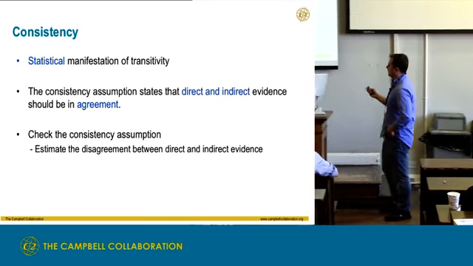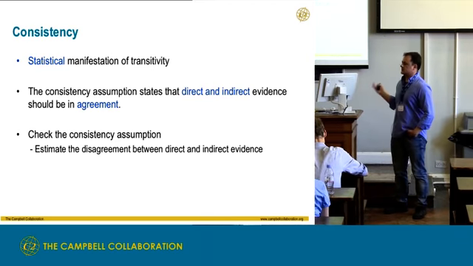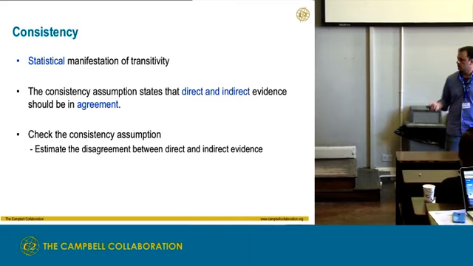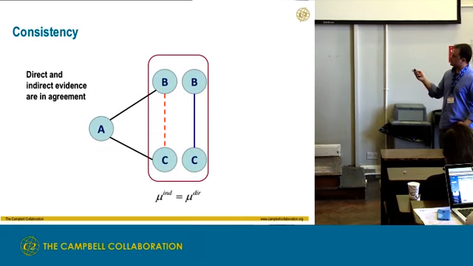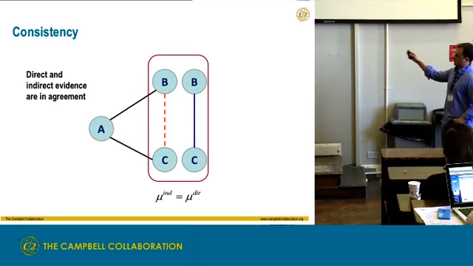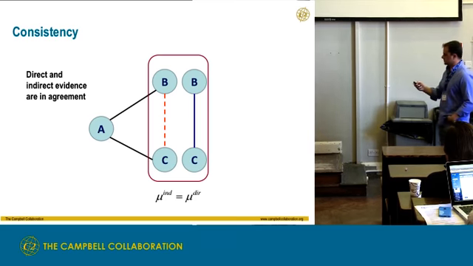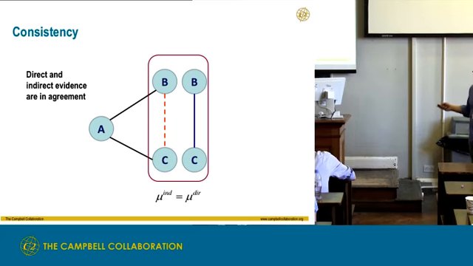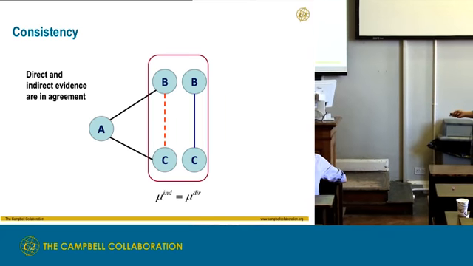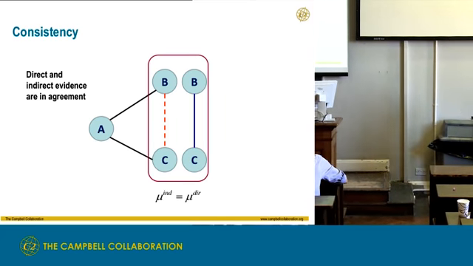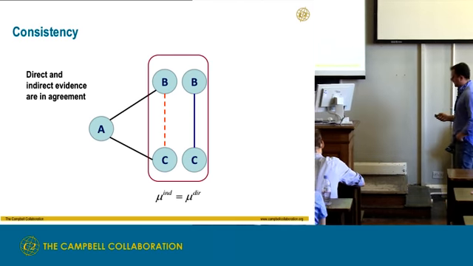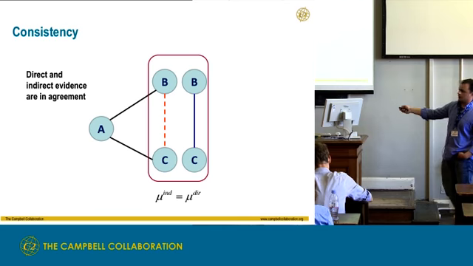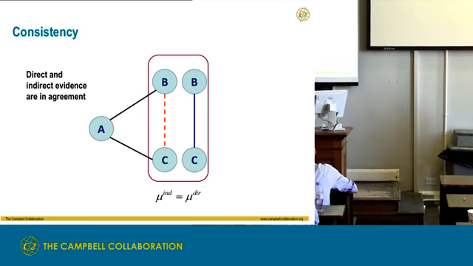If they are equal, then we have consistency and probably transitivity holds. So we check the consistency assumption wherever we have direct and indirect evidence. The dotted line is the indirect evidence, the solid, the direct, and the hypothesis that we test is that indirect estimates are equal to direct estimates.